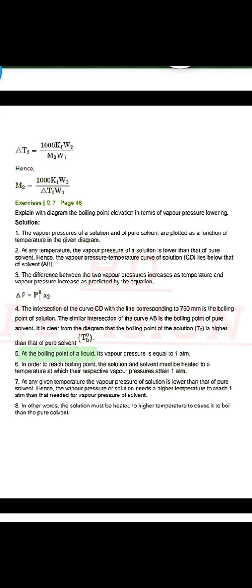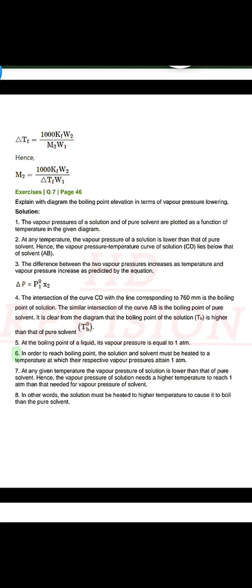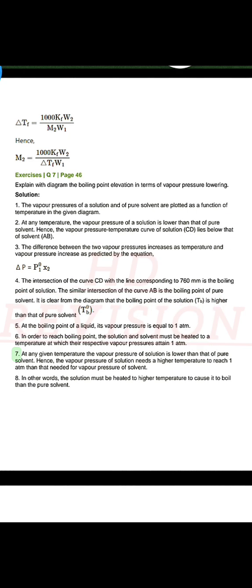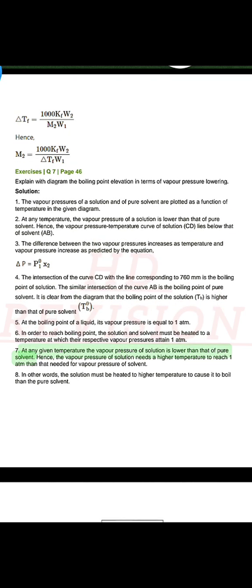At the boiling point of a liquid, its vapor pressure is equal to 1 atmosphere. In order to reach boiling point, the solution and solvent must be heated to a temperature at which their respective vapor pressures attain 1 atmosphere. At any given temperature, the vapor pressure of solution is lower than that of pure solvent.